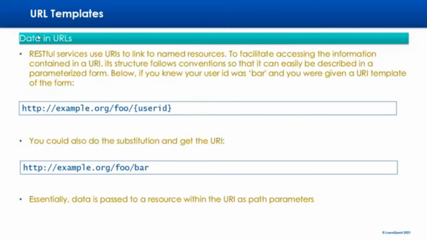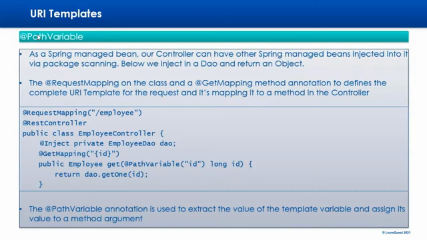How would we do this? Well, we know that controllers, and REST controllers, make use of dependency injection to delegate down to the root context. And that's what I have here in this employee controller with the employee DAO. The next thing, I have a request mapping of employee and a get mapping tied to this placeholder.